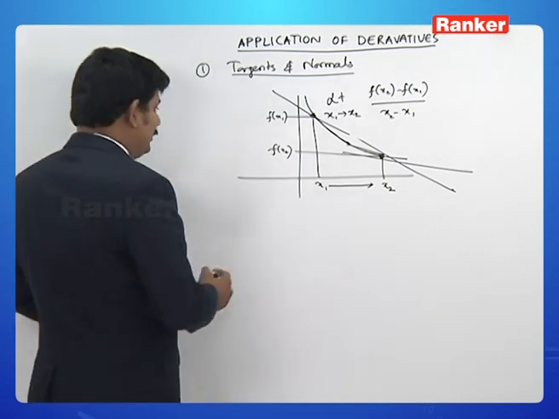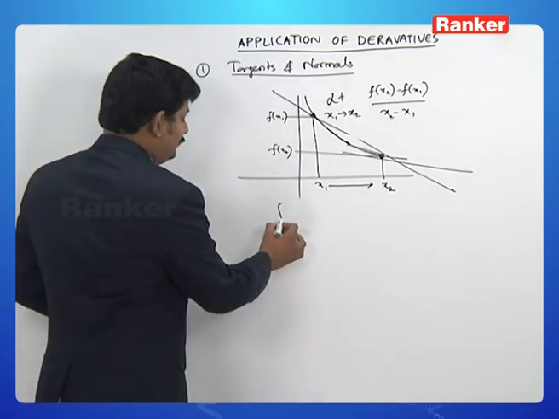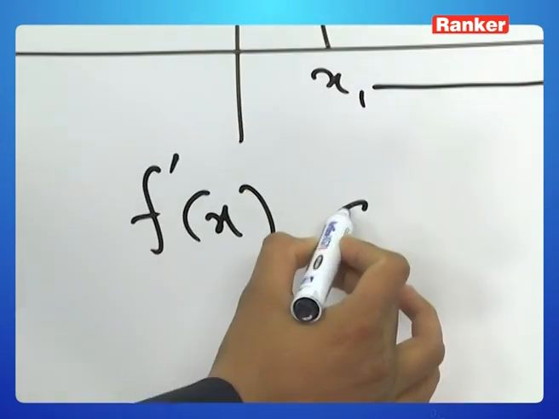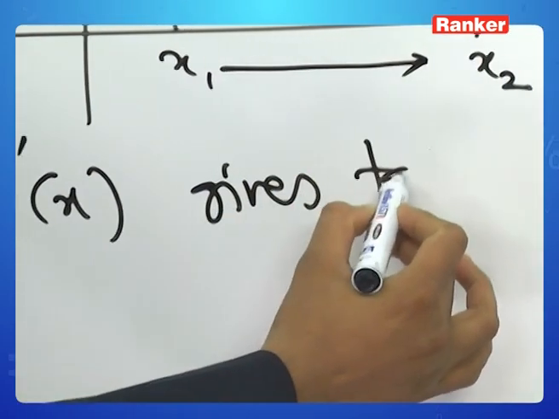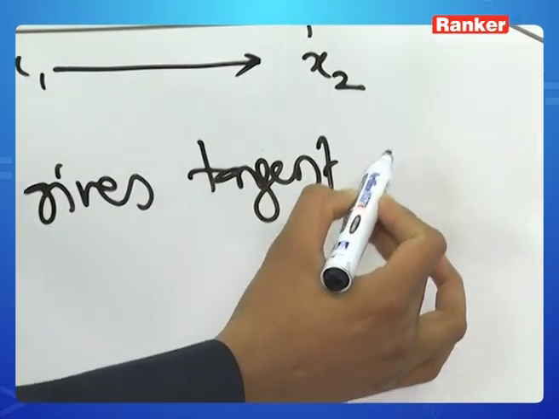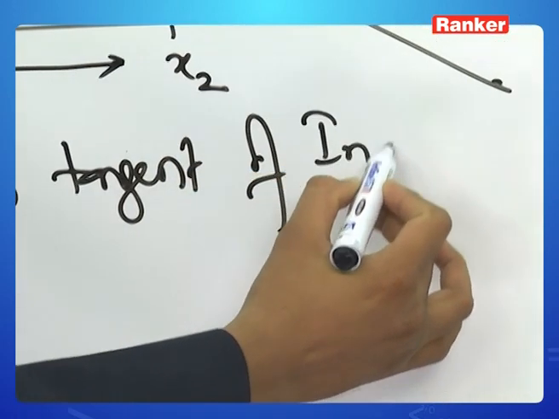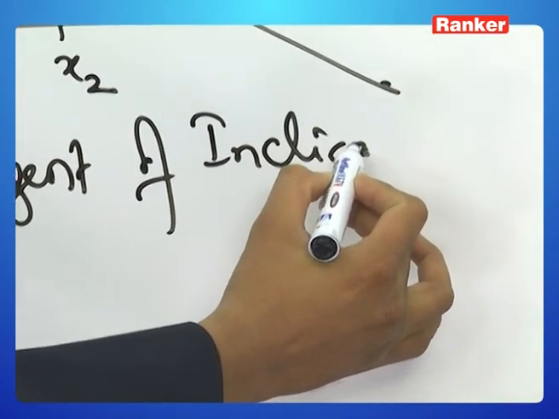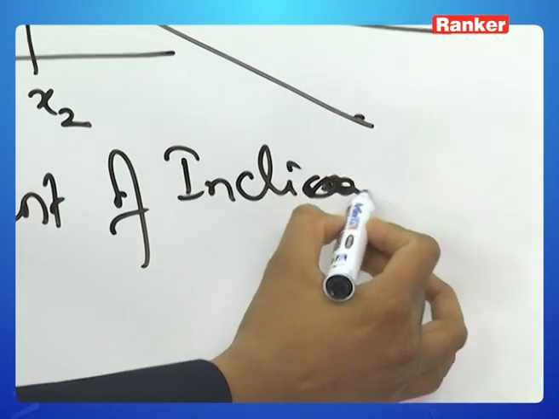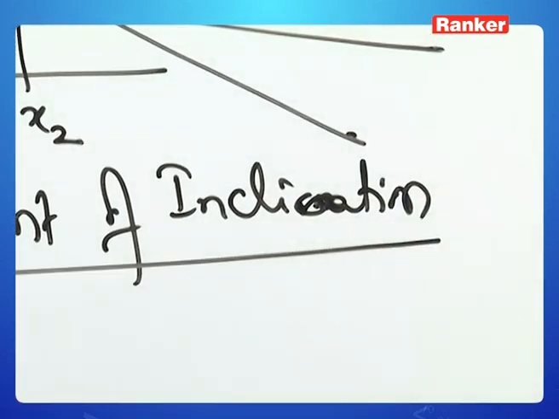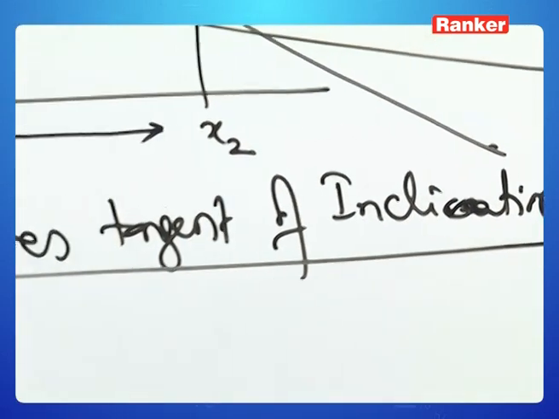So, simply we can say derivative f dash of x gives tangent of inclination, that is slope, at any point x on the curve.